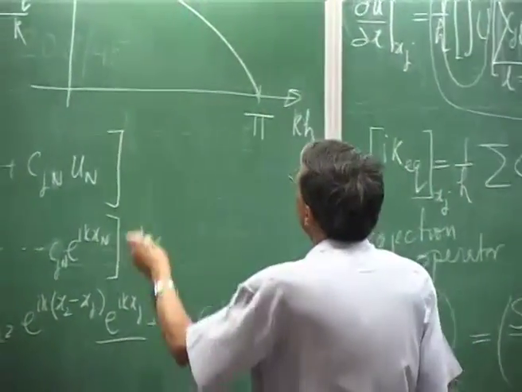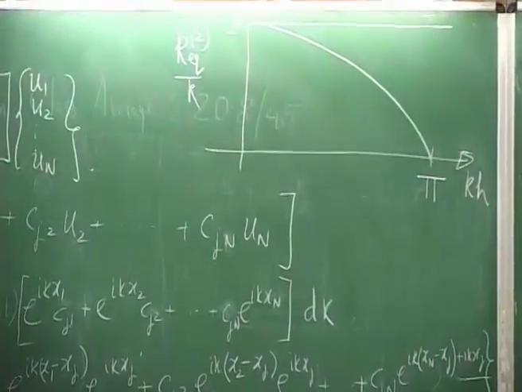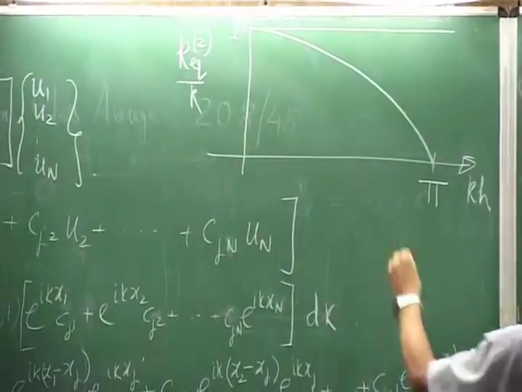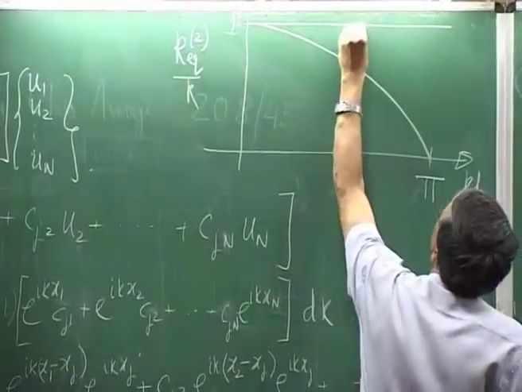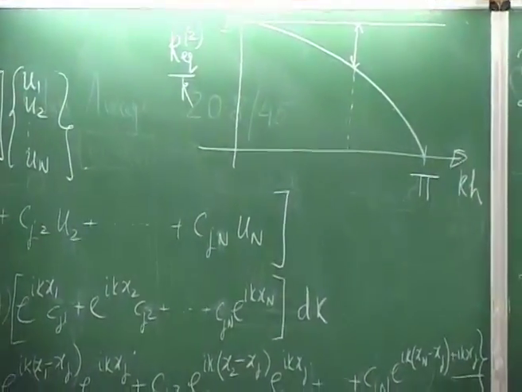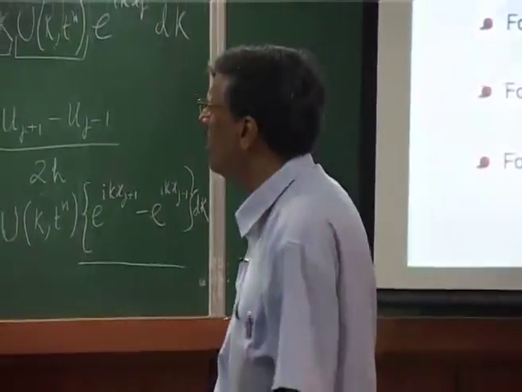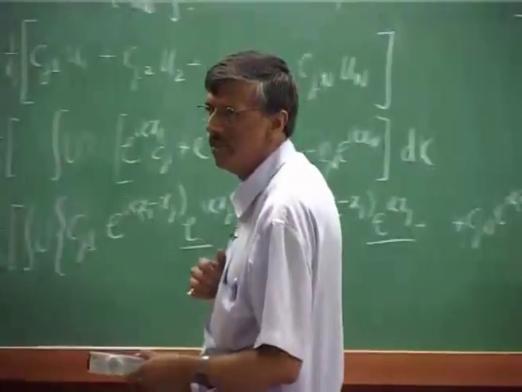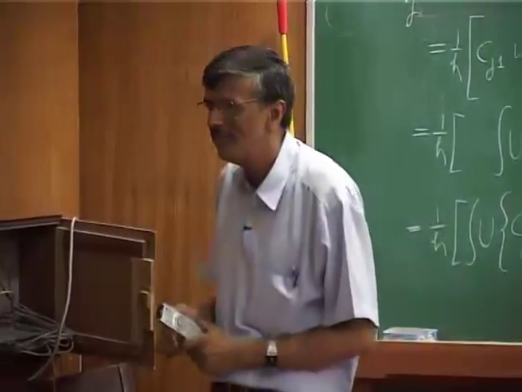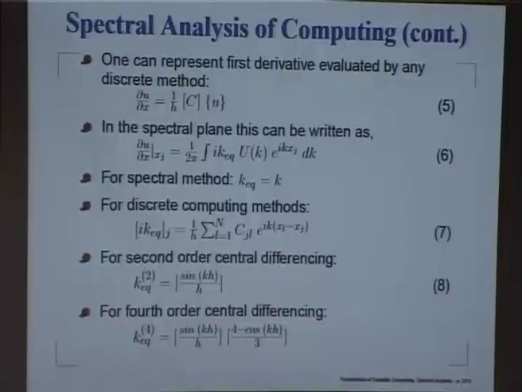So, ideally you would like it to be there, right. It should be 1 all through, but for any k you are actually having a loss of resolution given by that bracketed quantity. So, you see, this is the story of discrete computing, that whatever you do, you will have to accept loss, and the loss is more at higher wave number, meaning smaller scales.